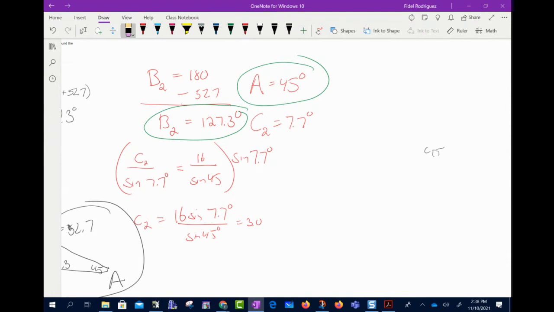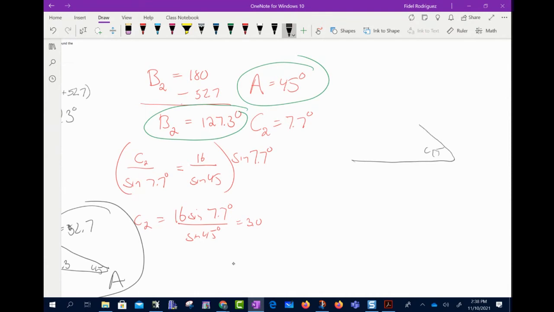But look, this is what we're going to do. We're going to put a line right here, and we're going to say that's 45 degrees, right? Look at the other angle C. The angle C is really, really small, and the other angle B is massive. So if I wanted to make an angle that was really small, let's see if I can figure that out. So that's 45.